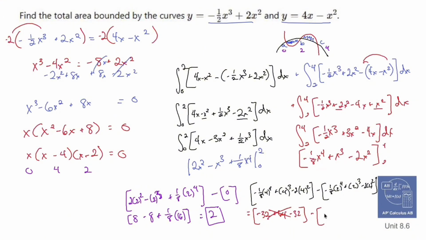Minus negative: 2 to the fourth power is 16, so negative 1/8 of that is negative 2, plus 8. 2 squared is 4, but minus 8. So you get negative negative 2, which is also 2. So that one became 2, and that one became 2. Last time I checked, 2 plus 2 is 4.